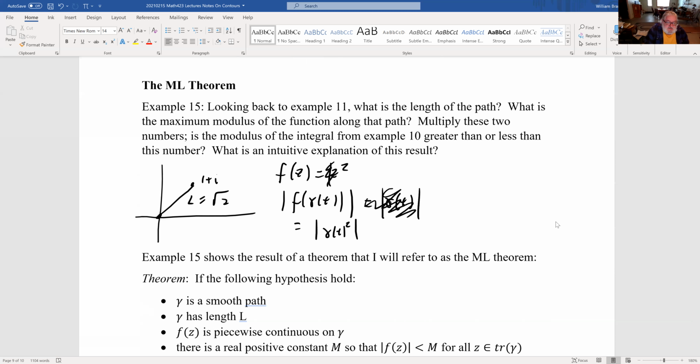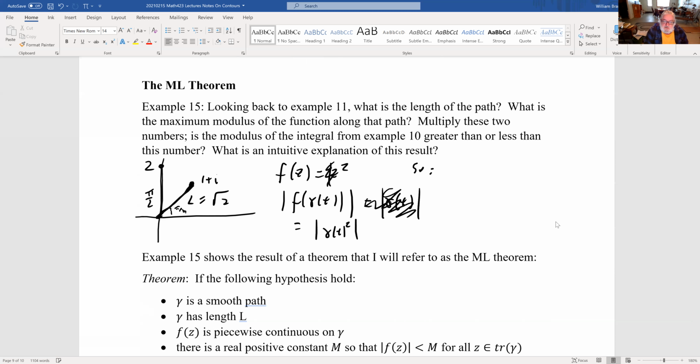So what does z squared do to this particular line? Well, this has got a constant angle pi over 4, so if you square it, it'll get mapped to pi over 2. But this point out here, which is the length square root of 2 away from the origin, gets mapped to something of radius 2.